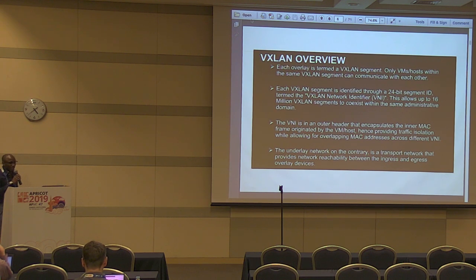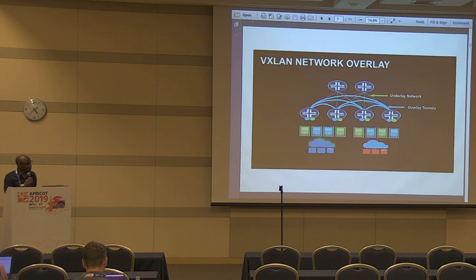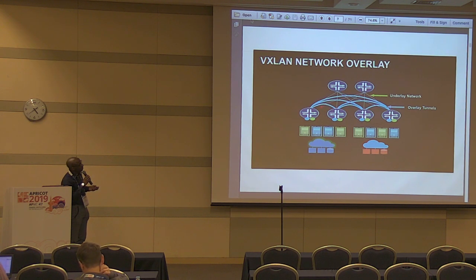And it just provides reachability between the endpoints, between the VTEPs, so between your PEs, so to say. This is a logical representation of the distinction between the overlay and the underlay network. The physical network is your underlay here, and the overlay are tunnels.